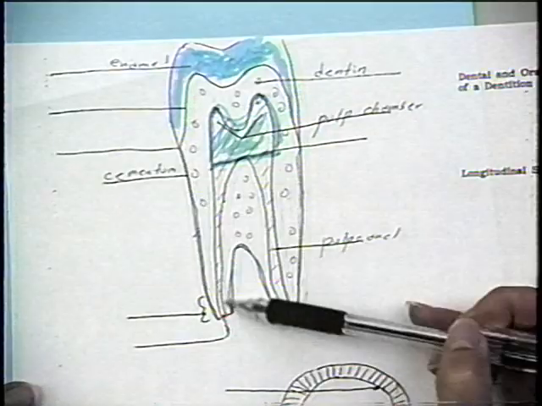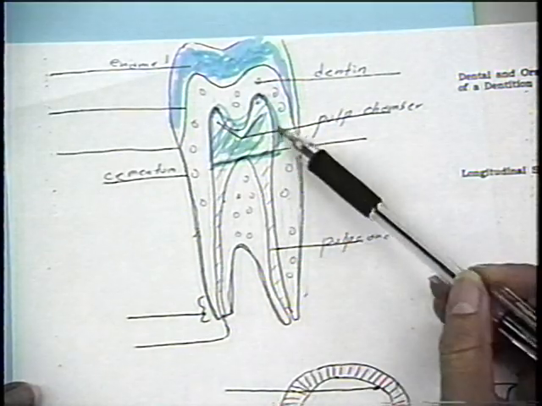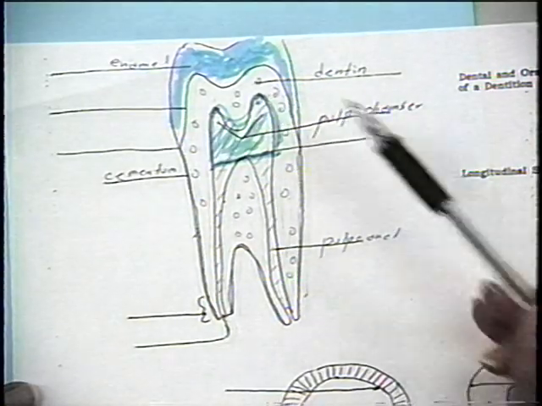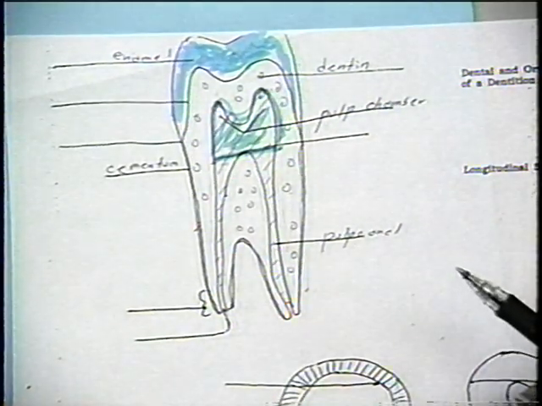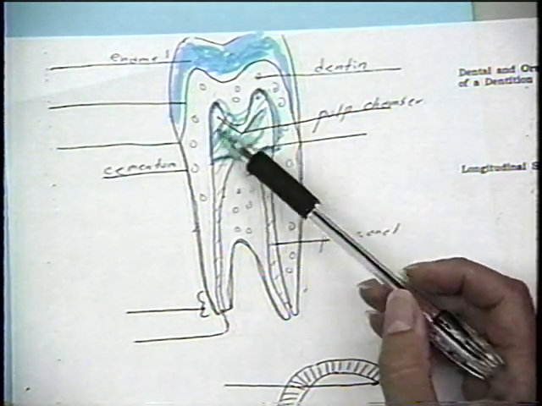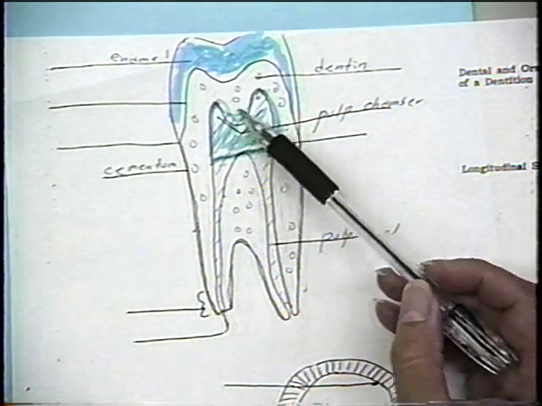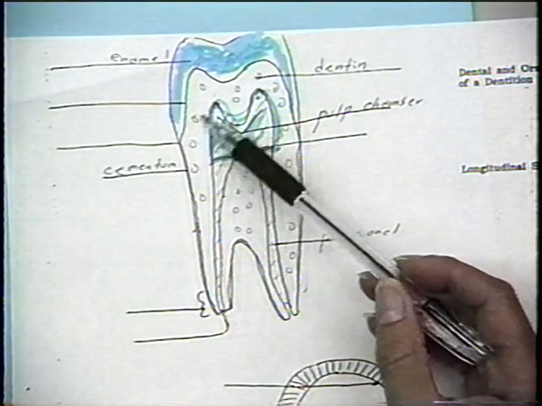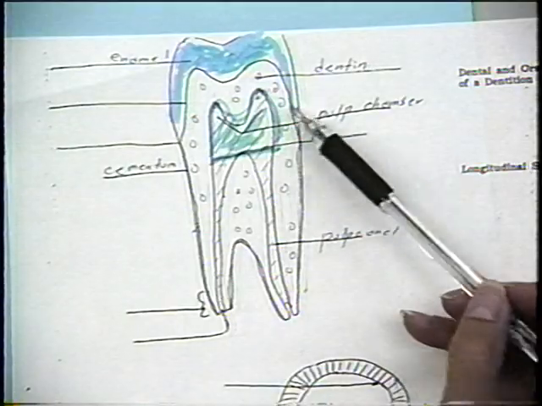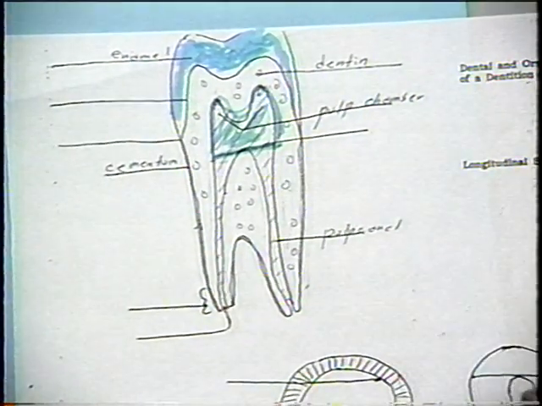So the whole thing is called the pulp cavity, then it's divided into pulp chamber, pulp canal, and pulp horn. These pulp horns tend to flatten out as a person gets older. I don't know why you need to know that, but it's one of my notes here. It's just a good thing to know.